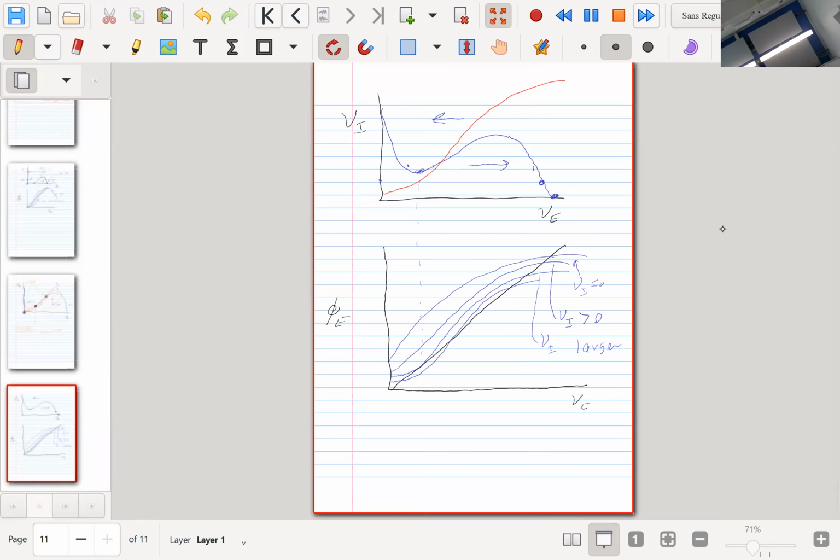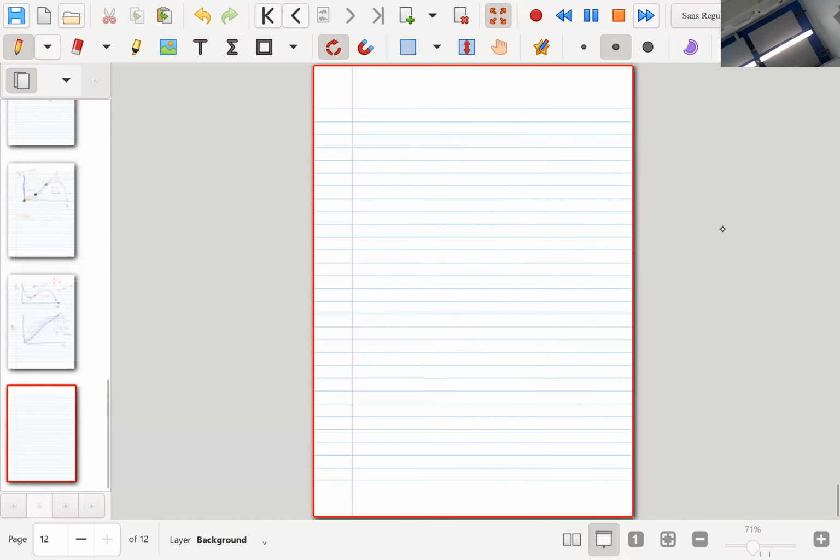Maybe not quite to scale. Again, the arrows go like this. This is the I nullcline. The way I draw it isn't necessarily so, but let's draw a more realistic picture of what these actually look like in real life.